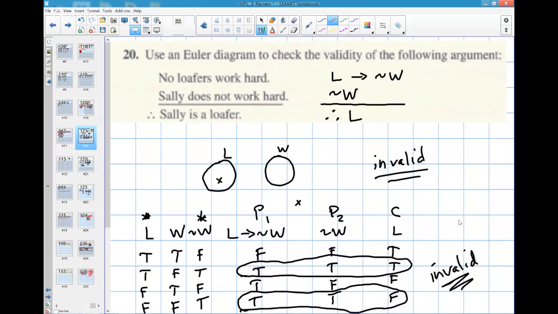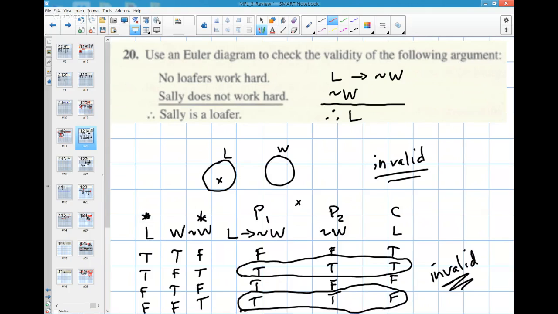So do you see why I drew the L circle separate from the W circle? Because it says, if you're a loafer, then you're not a hard worker. So the loafer and the hard work circles are totally separate. And then the second part says Sally does not work hard.